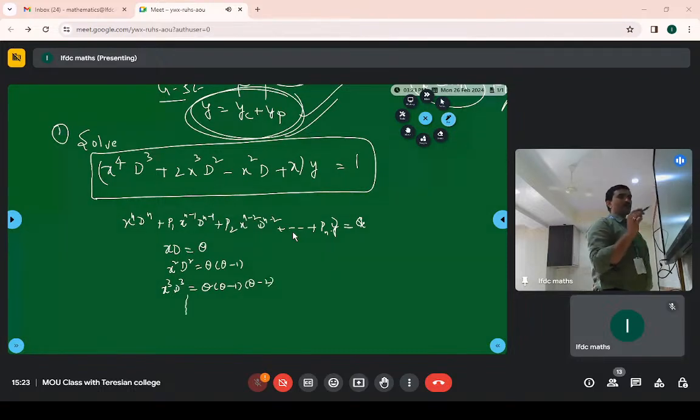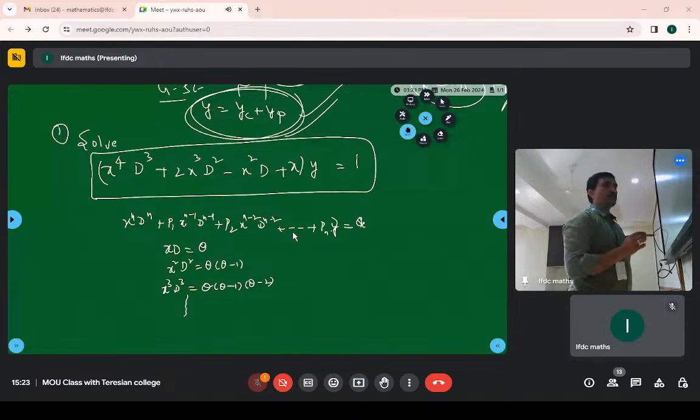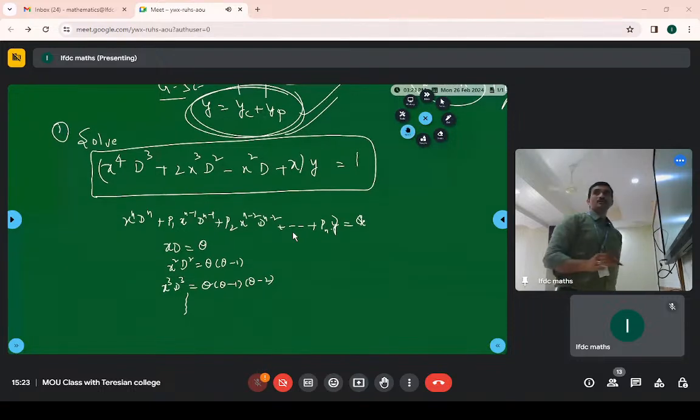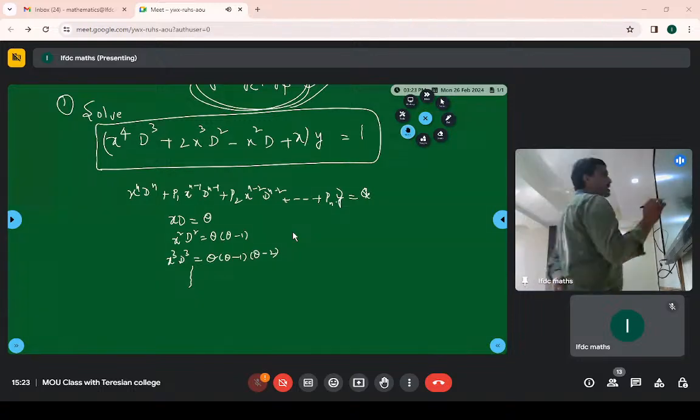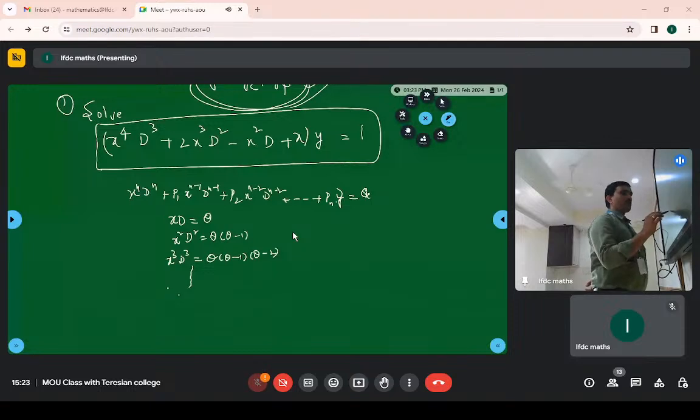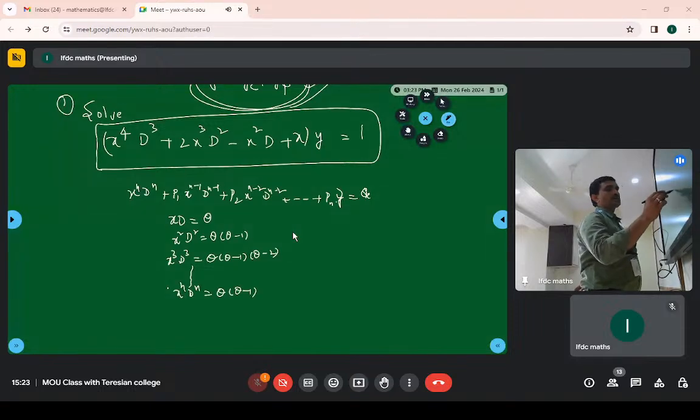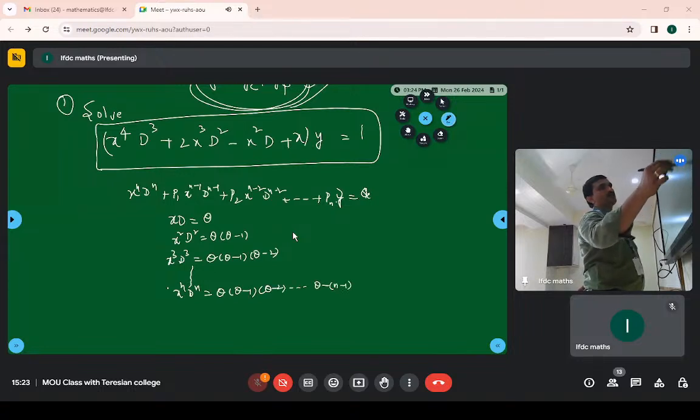If it is the nth order, the last term x power n into d power n is theta into theta minus 1, theta minus 2, and so on, up to theta minus n minus 1.